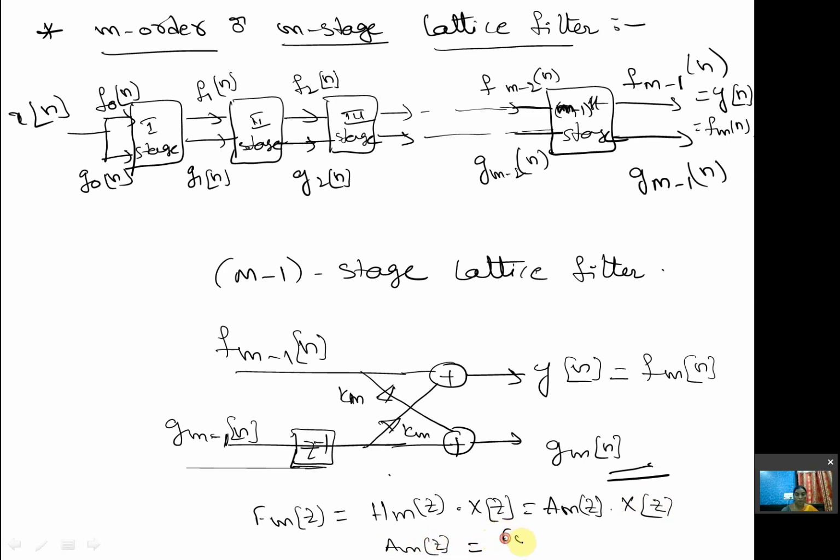F m of Z by X of Z. Right? So here X of Z is nothing but F0 of Z. Am I correct? First one, initial one, F0 of Z. Okay, in this way we can find out the system transfer function also. Okay, right? Thank you.